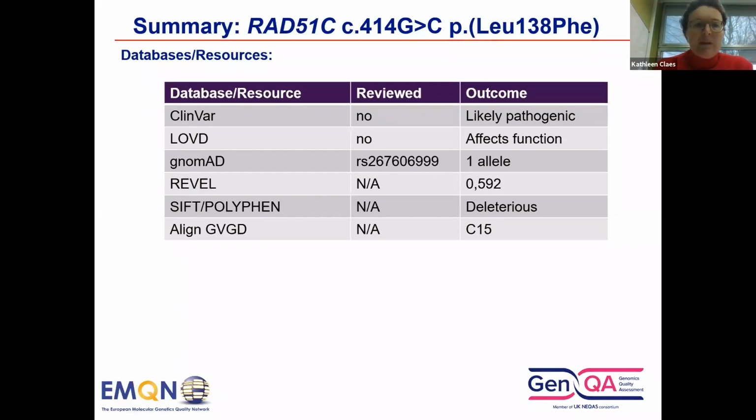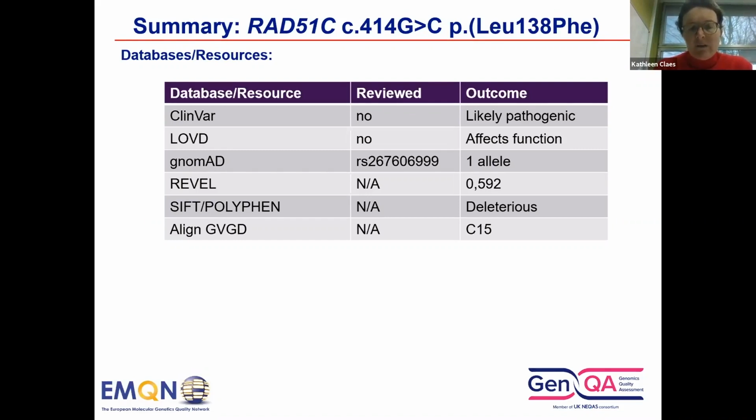It can be found in different databases. For RAD51C and also the other genes I'm going to discuss, BRCA Exchange does not have data, so we need to consult more general databases like ClinVar and LOVD.